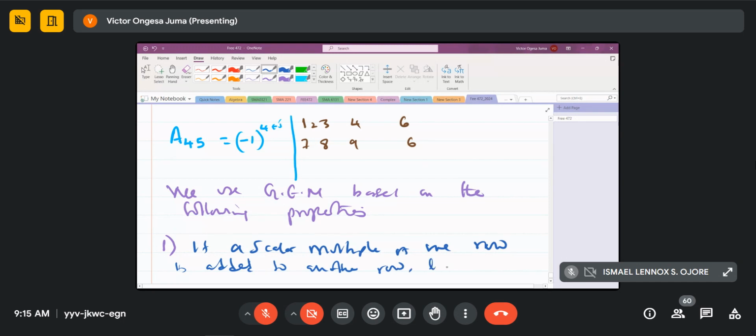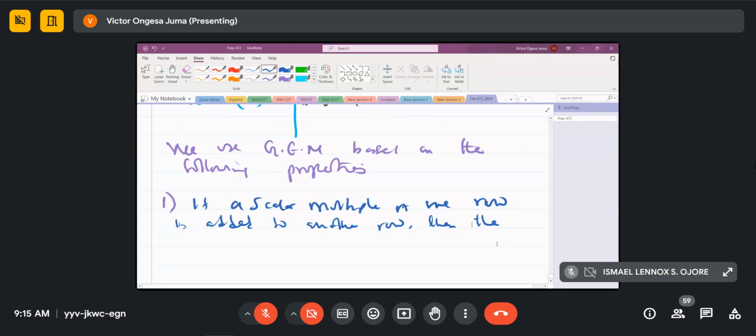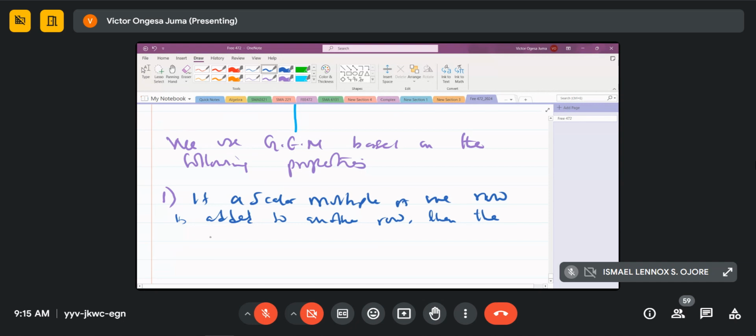So basically, the row you are eliminating should not be multiplied by any number. And if you happen to multiply, then know that the same will multiply the determinant. So in the end, you have to divide it so that you get the accurate determinant. You have to reverse back.